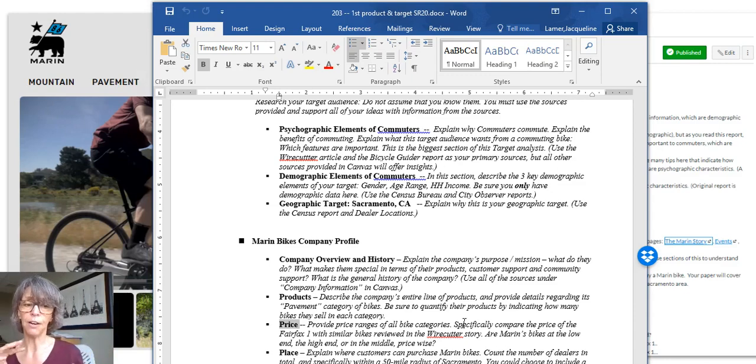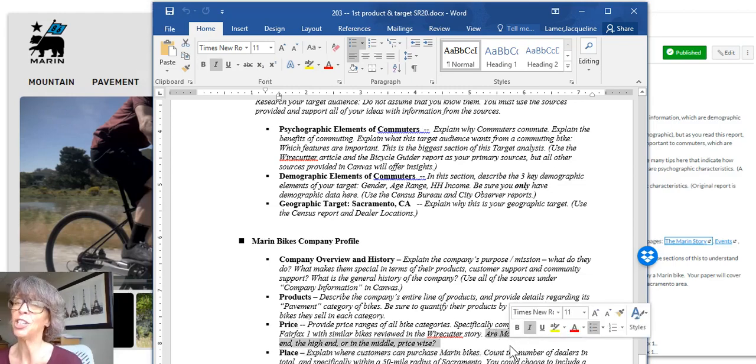So give a big picture and then talk about the Fairfax 1 also. What you're trying to do is get an indication of where your product falls price-wise. Like, is this a cheap bike or is it an expensive bike? And I don't mean for you personally, I mean for commuters.